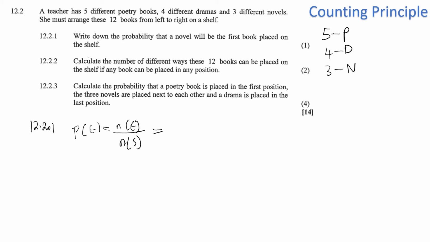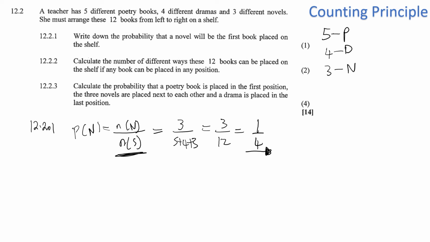We want the probability of her putting a novel book, so it's going to be the number of novel books that are there. It's 3 divided by the total sample space, which is 5 plus 4 plus 3, all books, right? So it's 3 out of 12, which will give us 3 divided by 12, which is 1/4. So this is our probability.